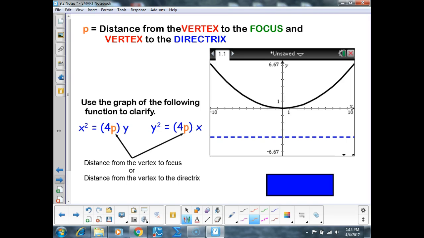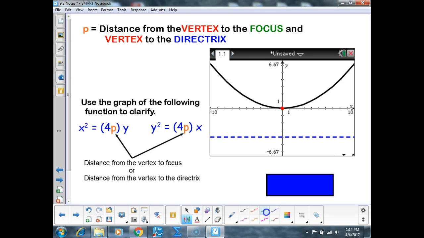Where p is very important. P is the distance from the vertex, which, the vertex of our parabola in this one would be the origin. Okay.